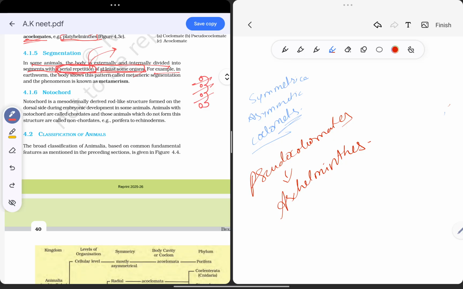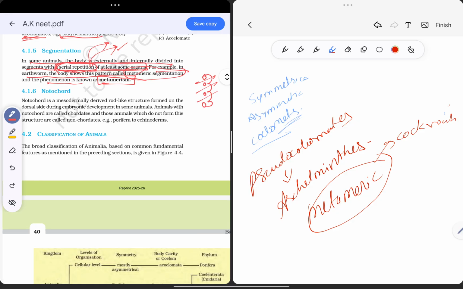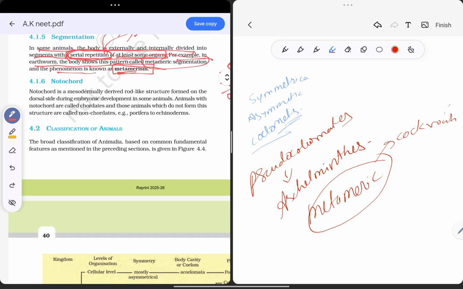It means segmentation. For example, in earthworms, the body shows metameric segmentation, and the phenomenon is known as metamerism. The presence of this segmentation is called metamerism.